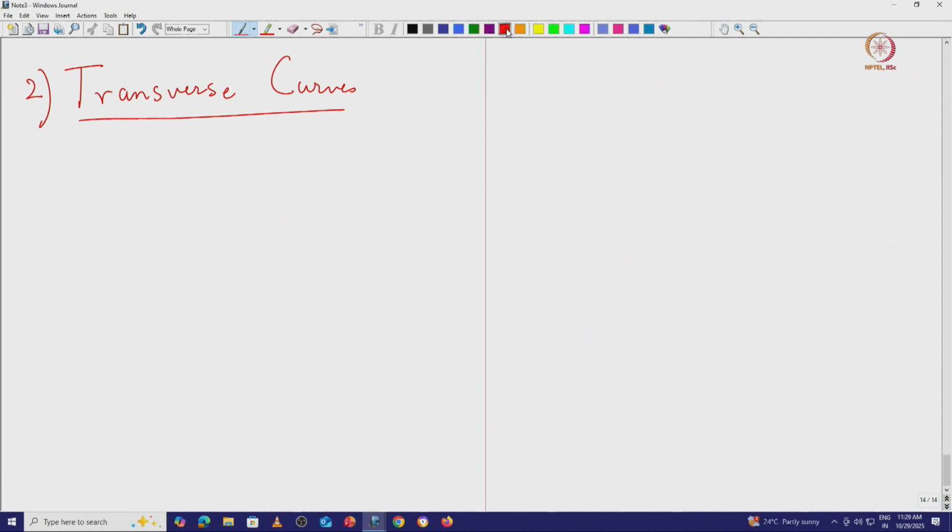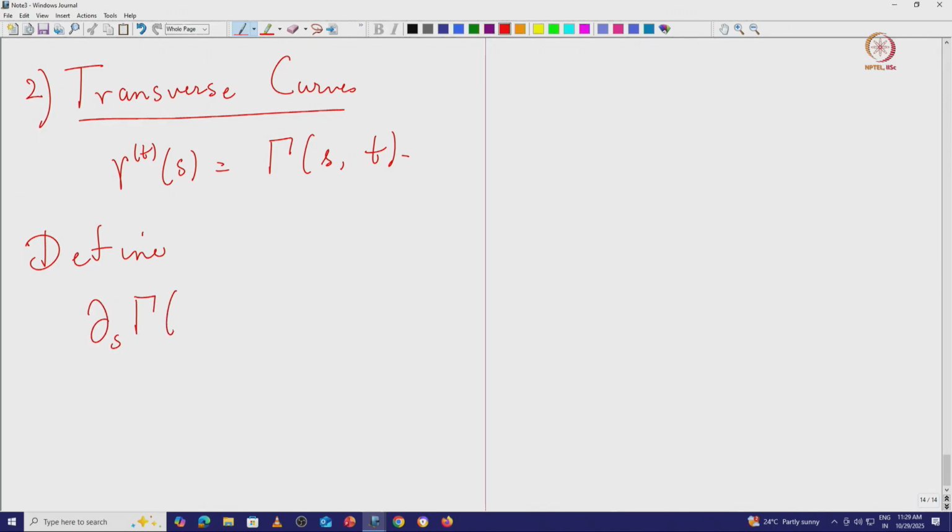You will usually denote this by gamma upper t, which is simply gamma s comma t, and then we define the following. Del s of gamma at s comma t is precisely the velocity vector of these transverse curves.